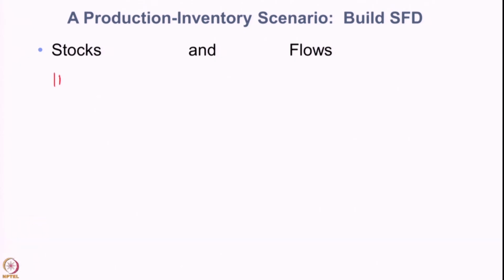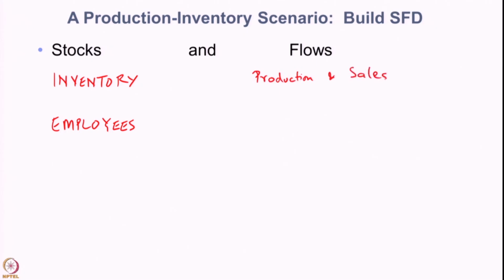The stocks are inventory and employees, and the flows: the flow into the inventory is going to be production and the flow out of inventory is going to be sales, and employees are going to be affected by the hiring or firing, let us just call it the net change in employees.